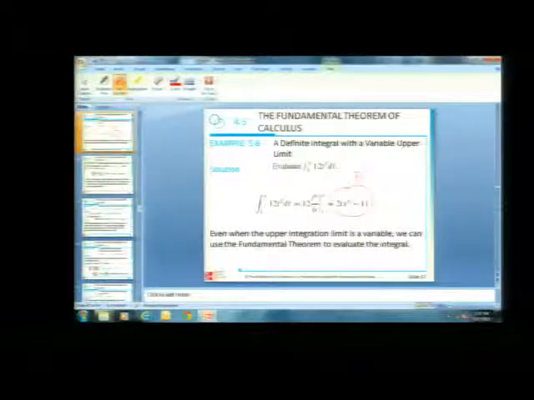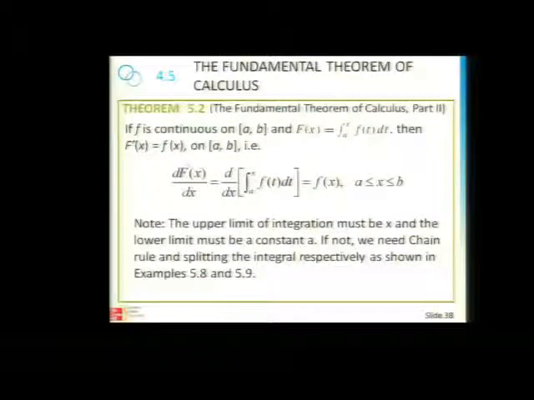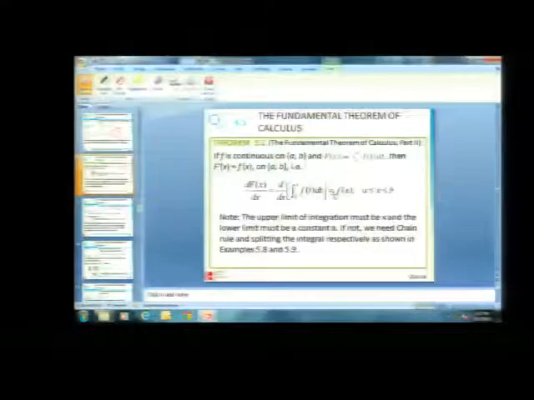For this example, you integrate this, you get a function of x, which is big F(x). All right? So you differentiate the integral with respect to x. The theorem says it's just the integrand as a function of x. So that's what it says. Very simple. Now, bear in mind this thing. Maybe I just circle it.